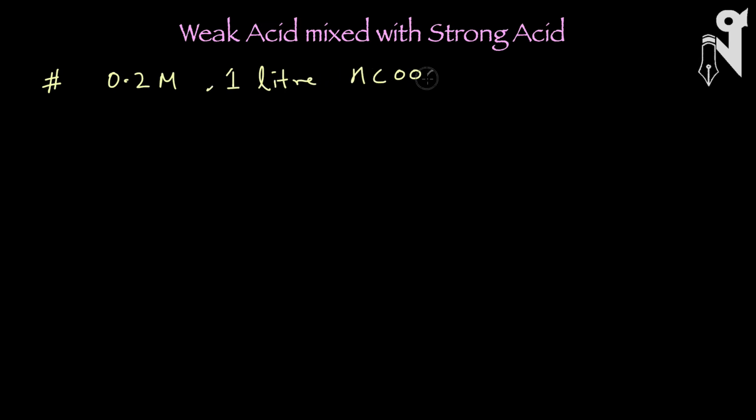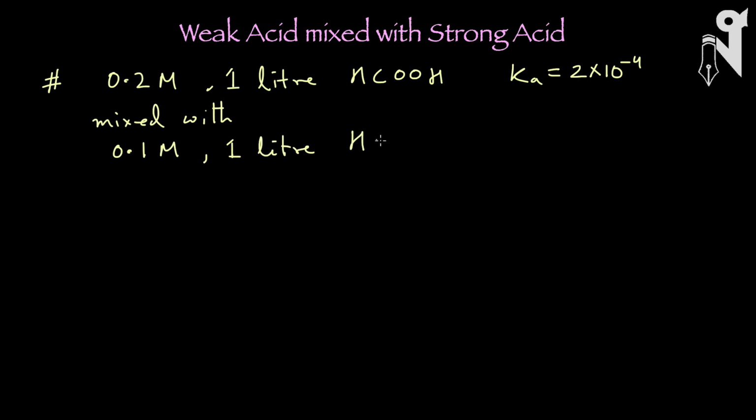Again, I would really like to compare the answer with what we have done earlier, so I'm taking the same acid, Ka equal to 2 into 10 power minus 4, and this is mixed with, mixed mind you, it's not going to react, it's going to be mixed with say 0.1 molar, 1 liter hydrochloric acid. That's a strong acid, right? We need not write the Ka value, it will be a very high value and wouldn't be required.